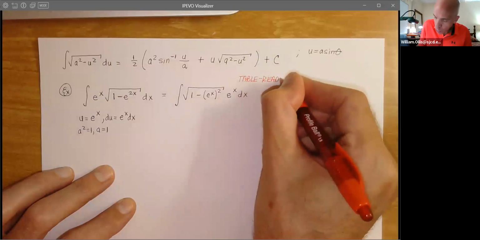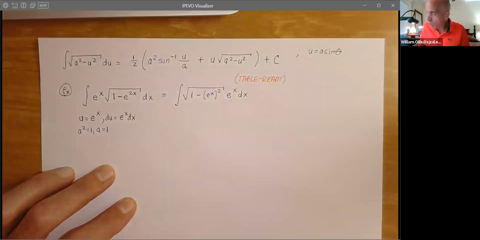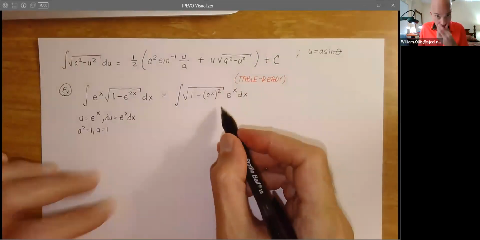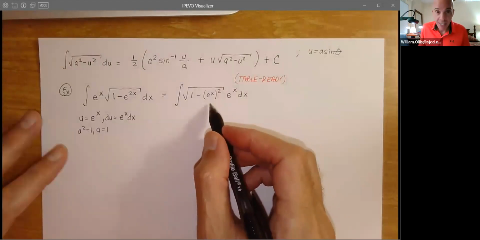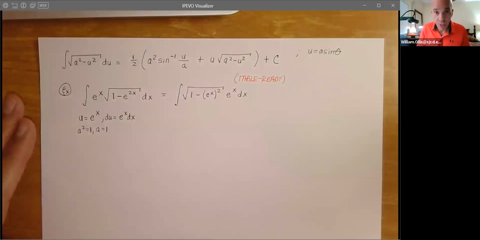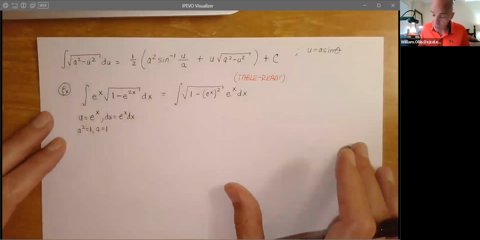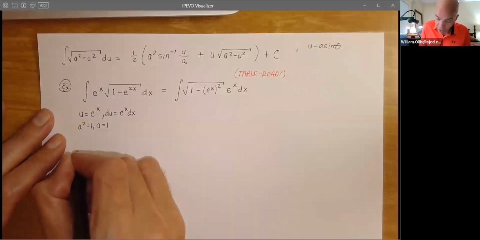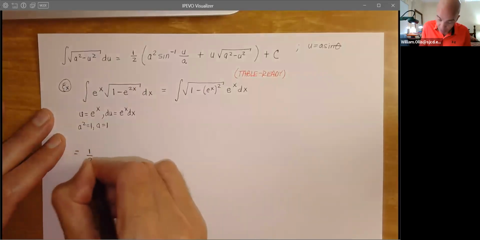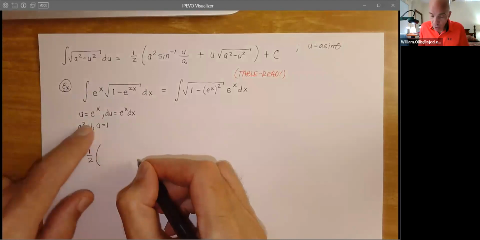I want you to use trig substitution when you have to, but I don't want you to have to use a trig substitution on every integral when we have a nice integral table. And I do want you to, again, look through the lecture notes to go through that derivation just to give yourself extra practice. So now we can say, okay, let's fill in the formula. So now we use our integral table. So we have 1/2. A squared is 1.